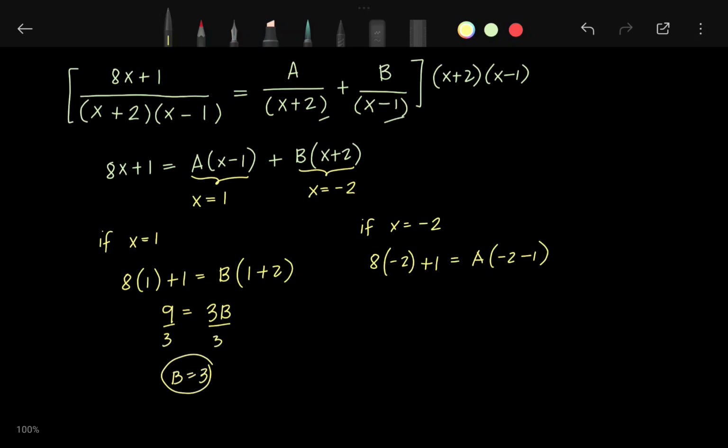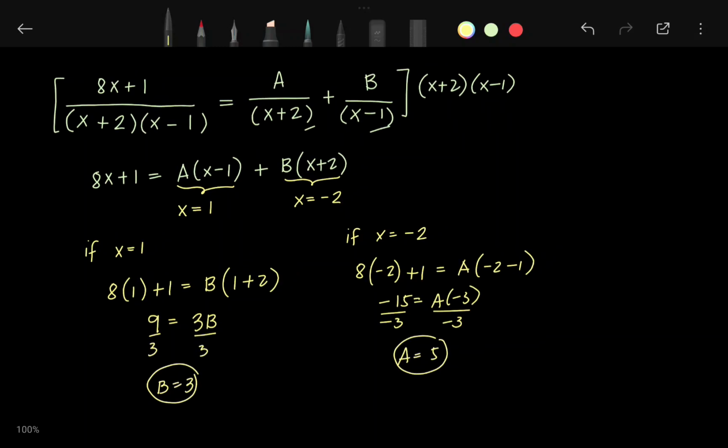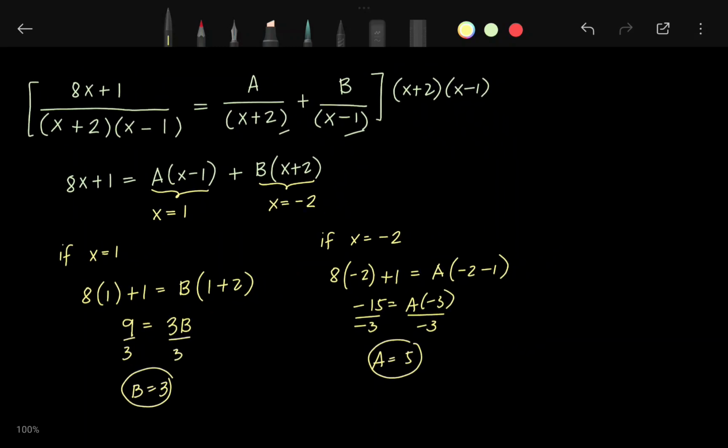So, negative 16 plus 1 is negative 15 equals A times negative 3. Negative 3, negative 3. So, A is equal to positive 5. Notice that we have not finished yet, because we need to rewrite it as, let me scroll up here.